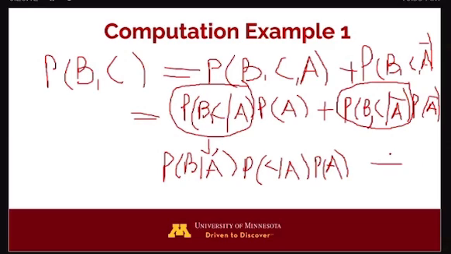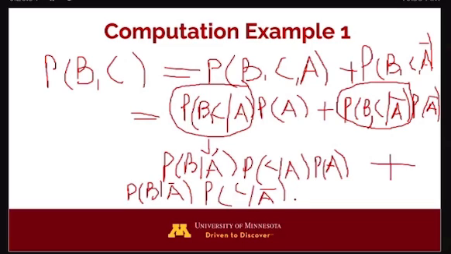Now we're going to do the same to the other side: the probability of B given A complement, the probability of C given A complement, multiplied by the probability of A complement. Is there any question at this time? Is there anyone who is not getting that? Let me know, and I'm going to explain it.